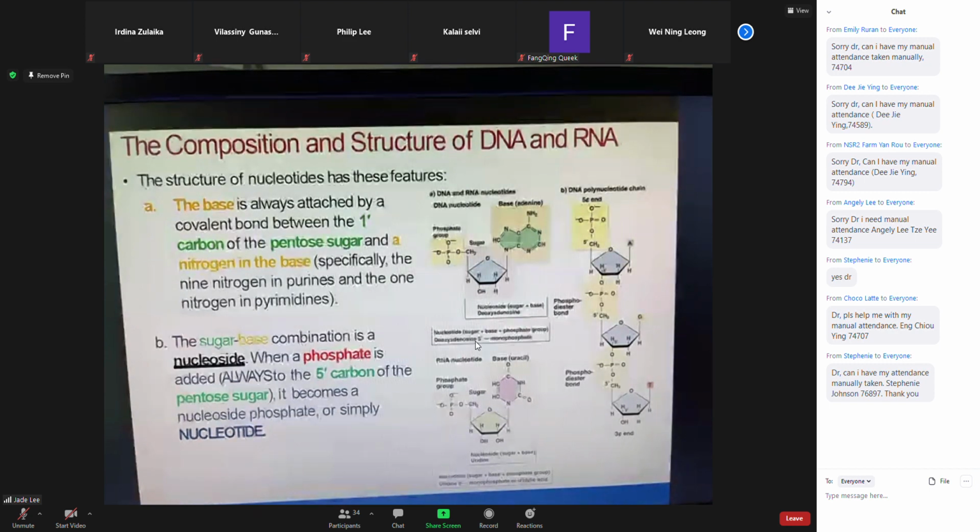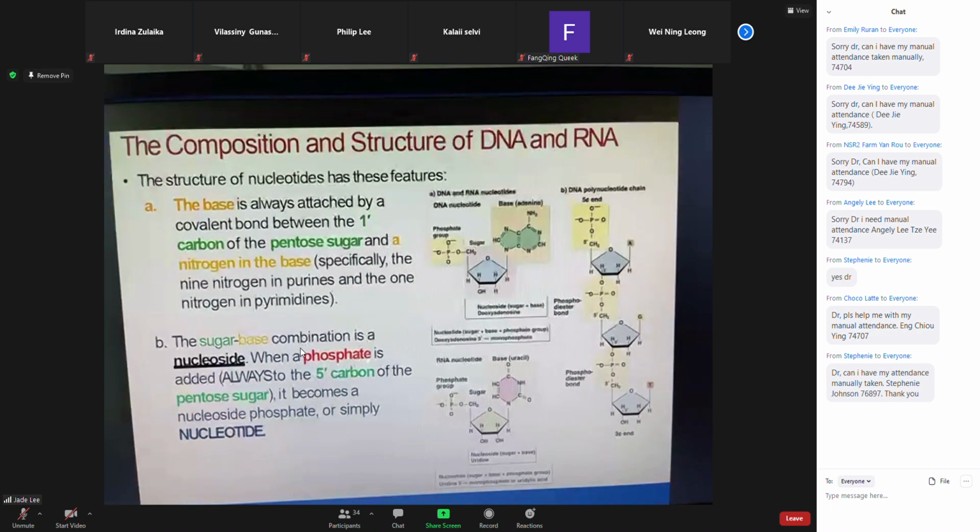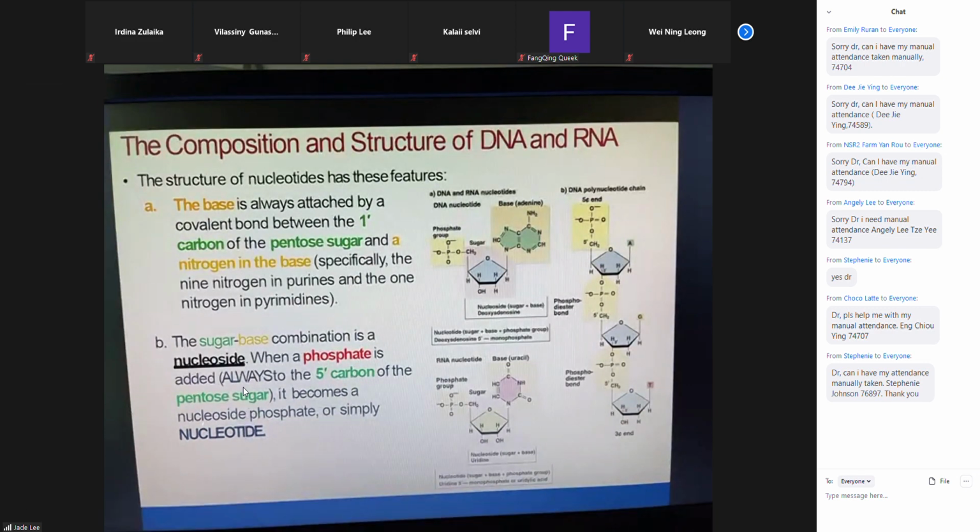So deoxyadenosine monophosphate has only one phosphate. The sugar-base combination is the nucleoside. The sugar, which is the pentose, and the base, which is A, T, C, G or A, U, C, G, is called a nucleoside. When a phosphate is added, always to the 5' carbon of the pentose sugar, it becomes a nucleoside phosphate, or simply a nucleotide.